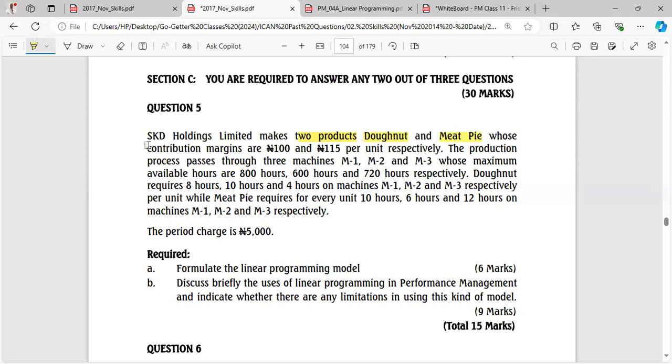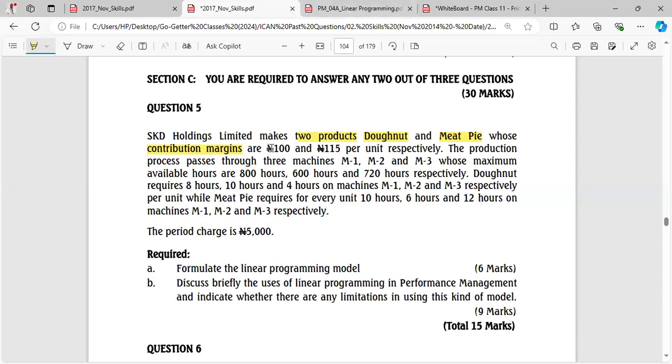Now, because they mention contribution margin here, you'll know that contribution needs to be maximized. You need to know the objective of the company. The mention of contribution or profit means that they want to maximize their contribution.